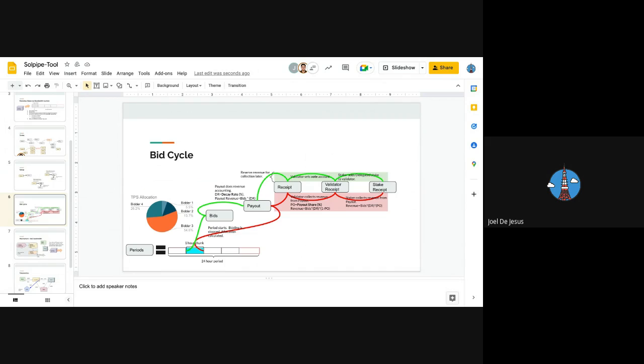So the validators have to, in this green line, either when the period starts or before the period starts, register themselves, and the stake has to register itself as well.